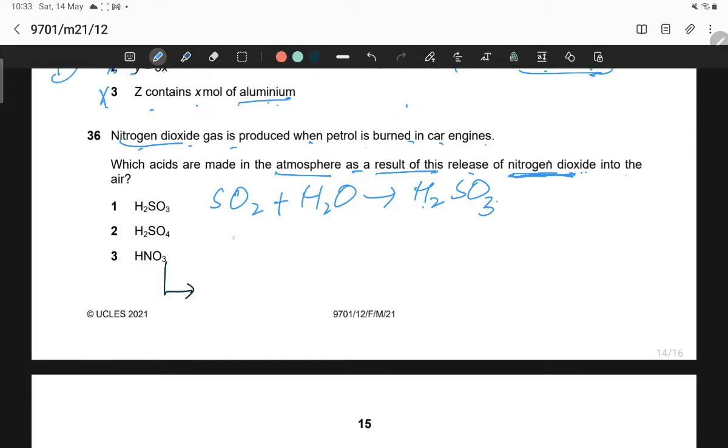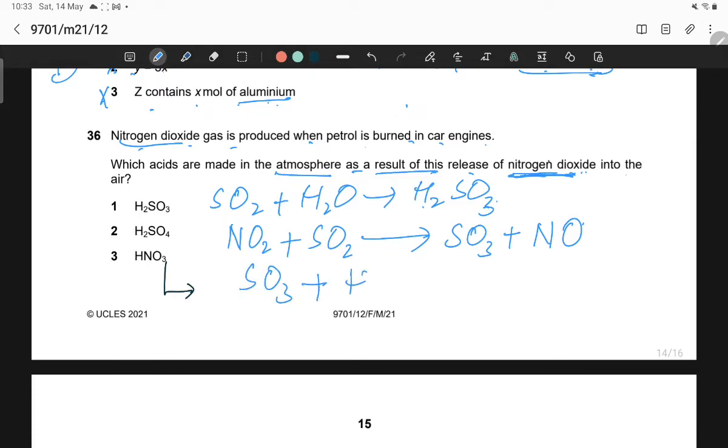So NO2 plus SO2 forms SO3 and NO, and SO3 then reacts with water to form sulfuric acid H2SO4.